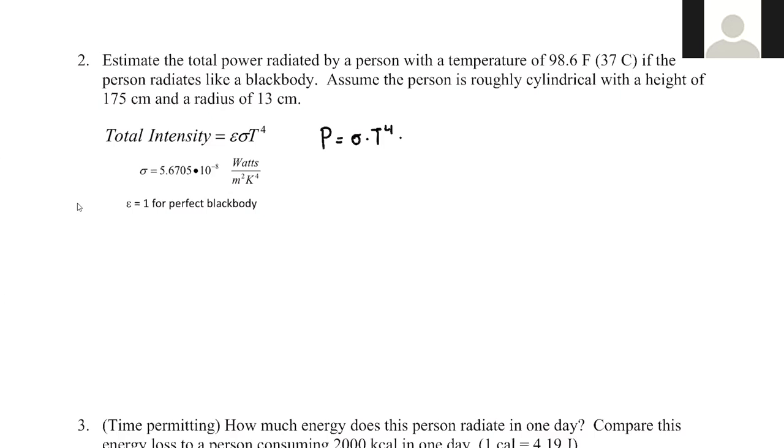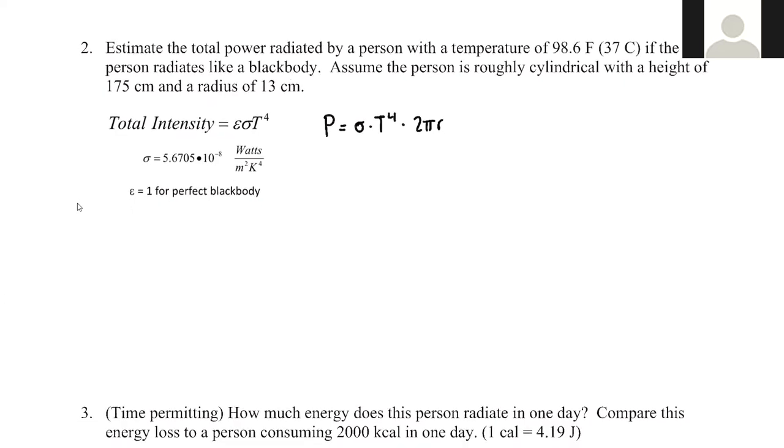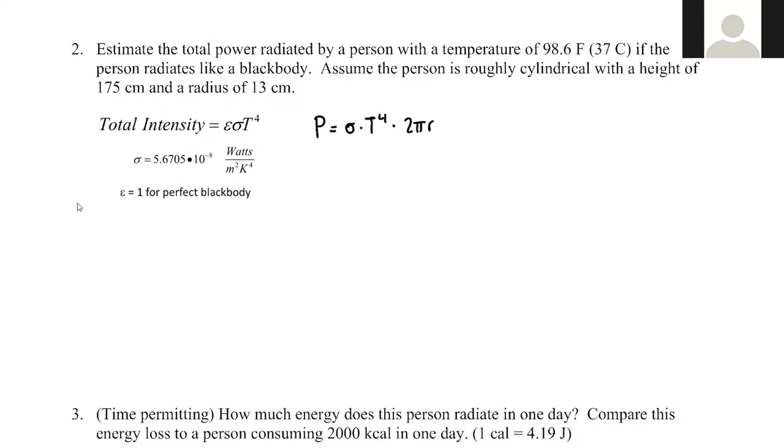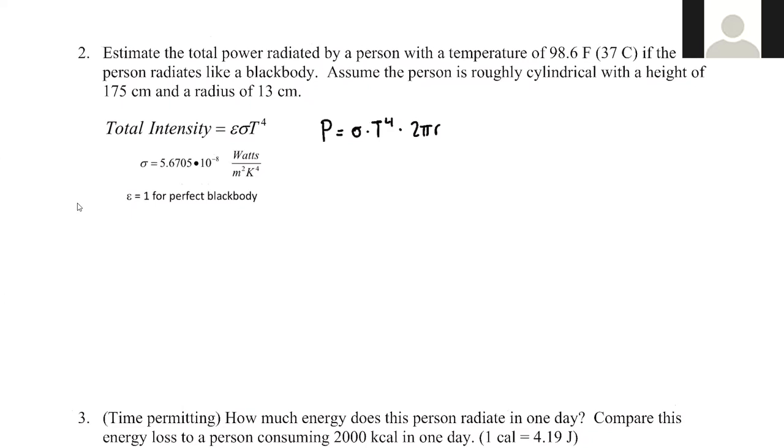Okay, and then we have the cylinder. Times 2 pi r times, and then in parentheses, h plus r.